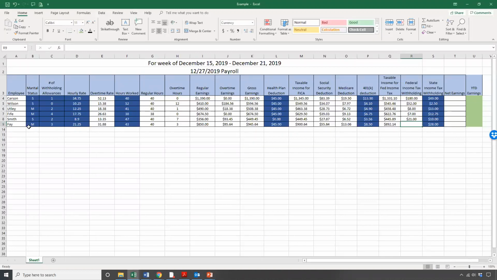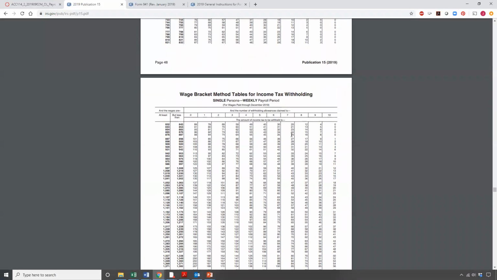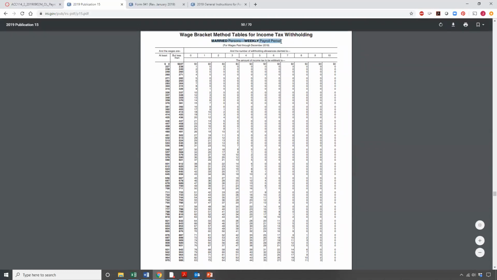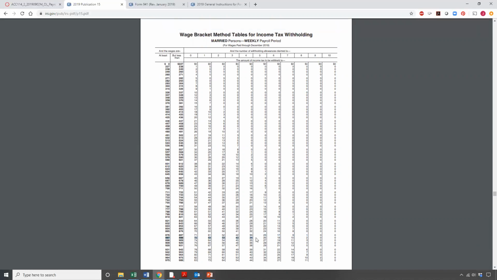And then the last employee is married with 3 and has 892. Single, so we've got to make sure we're in the married columns here, and 892. Okay, they're going to fall right in this bracket right here. She's got 3 allowances, so we're going to withhold $43 because that's right there.